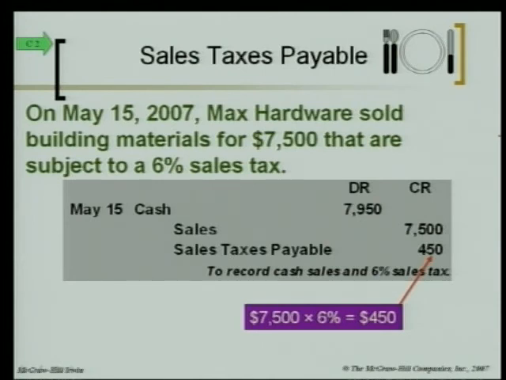So we're going to actually get cash from our customer of the $7,500 plus that sales tax of $450, so a total of $7,950. Okay? But that cash isn't ours, at least $450 of that, right? So we have to set up a liability, a sales tax payable to the government for $450. Okay?